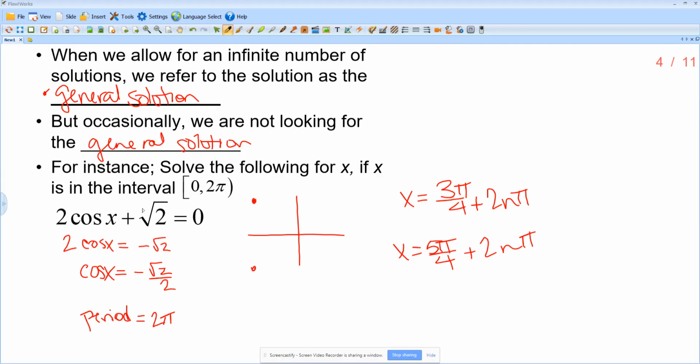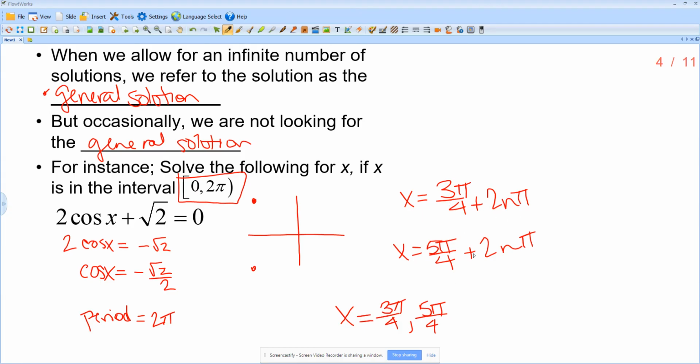If I am asking for just the interval 0 to 2 pi, well, I would have 3 pi fourths, 5 pi fourths, and then you need to ask yourself, okay, if I added this period, if I added 2 pi to 3 pi fourths, I would no longer be between 0 and 2 pi, because I'm adding 2 pi plus some number.